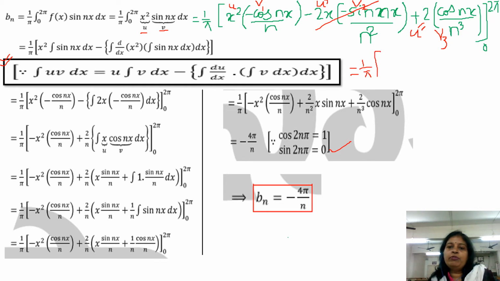So 1 upon pi you will get, in place of x square you have to write 2 pi, the upper limit, and that will be whole square, and cos 2n pi being 1, this will become minus 1 upon n, minus 0 will come for the lower limit.